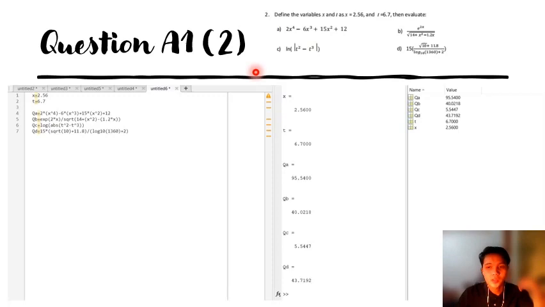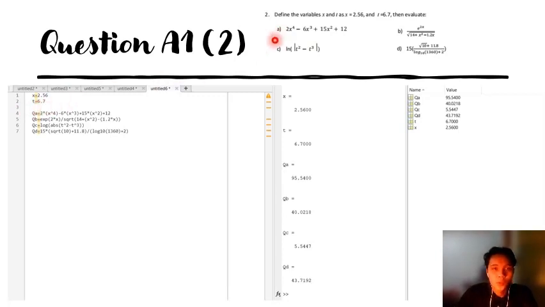So the second question, for A1, we firstly need to define a variable and assign it with a certain value. In this case, we have two variables that have been declared, which are x and t. For x, we assign the value of 2.56, whereas for t, we assign the value of 6.7.